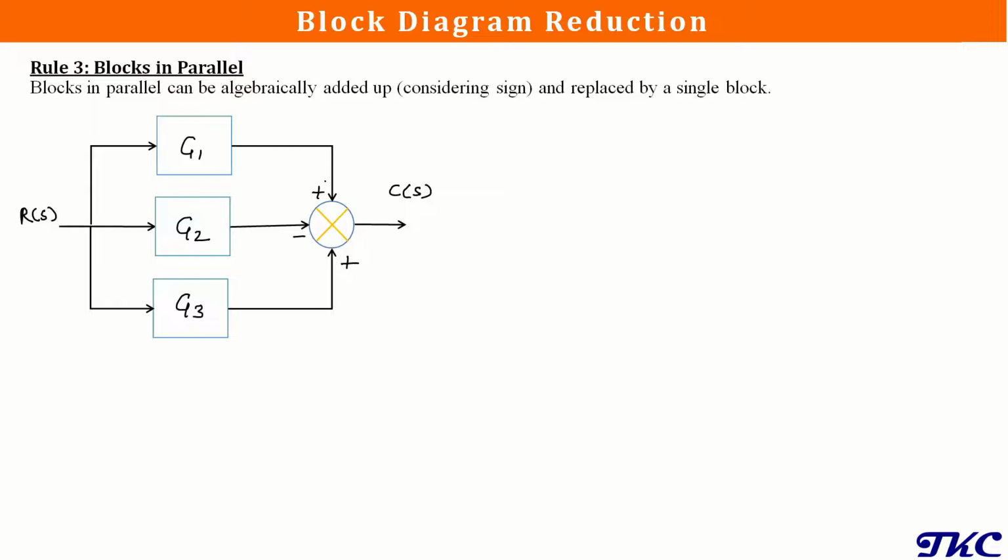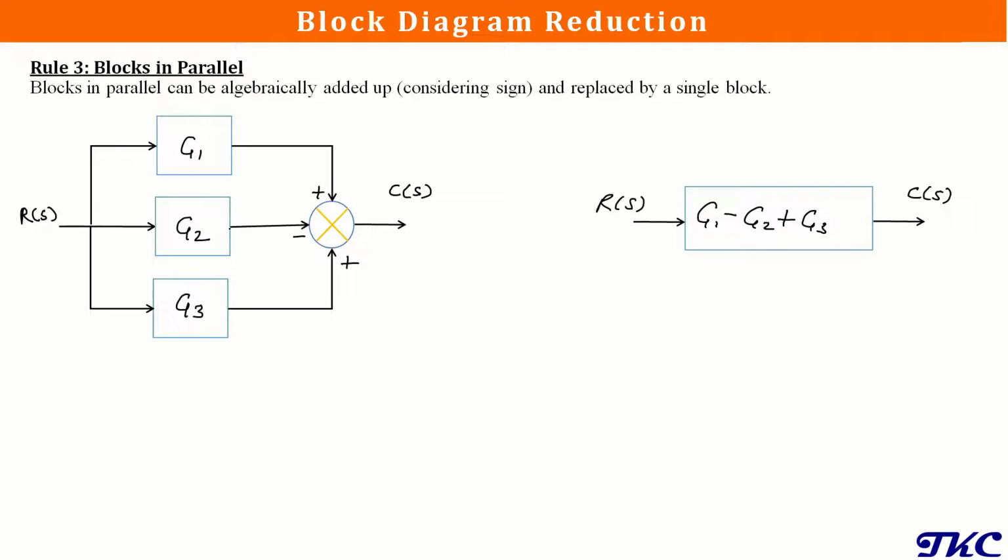Here the sign is very important, because based on the type of signal, if it is positive it will be added, and if it is negative it will be subtracted. Now these blocks in parallel we can replace by a single block with an equivalent transfer function. It will have the transfer function G1 minus G2 plus G3, and of course it will have input R of S and output C of S.